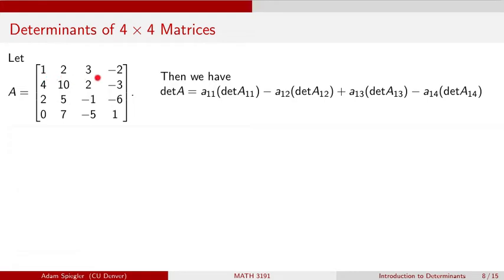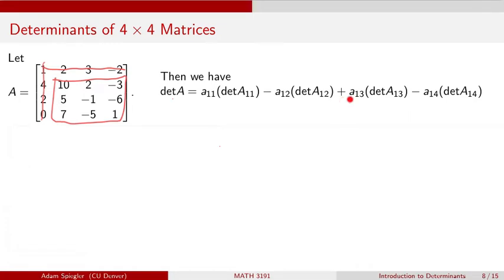So we can come across the very first row, and I'm going to take the A11 entry times the determinant of submatrix A11. In this case, submatrix A11 would be this 3 by 3 matrix that I just circled in red. And then we do the same. We go next to A12, and because the sum of 1 and 2 is 3, which is odd, we put a negative sign here, and then we multiply that by the determinant of submatrix A12.